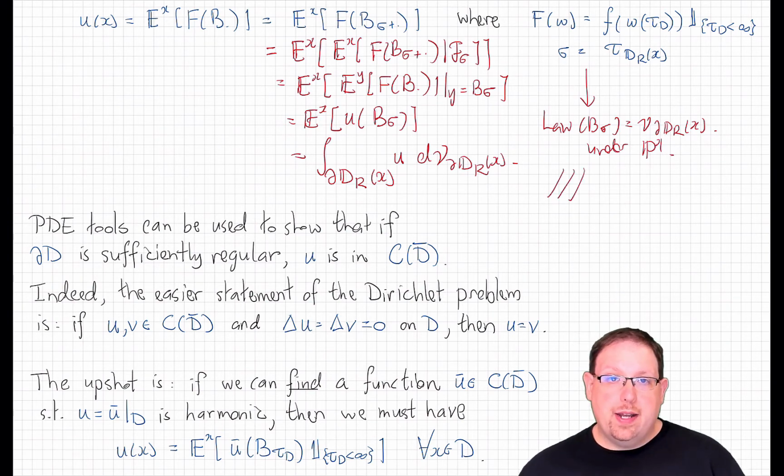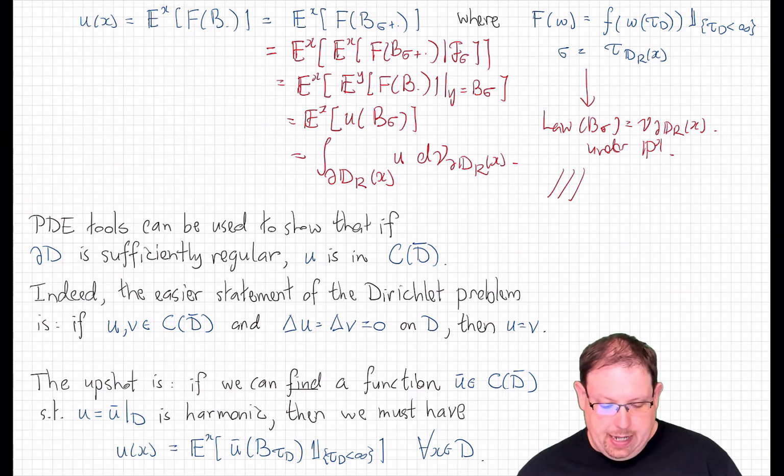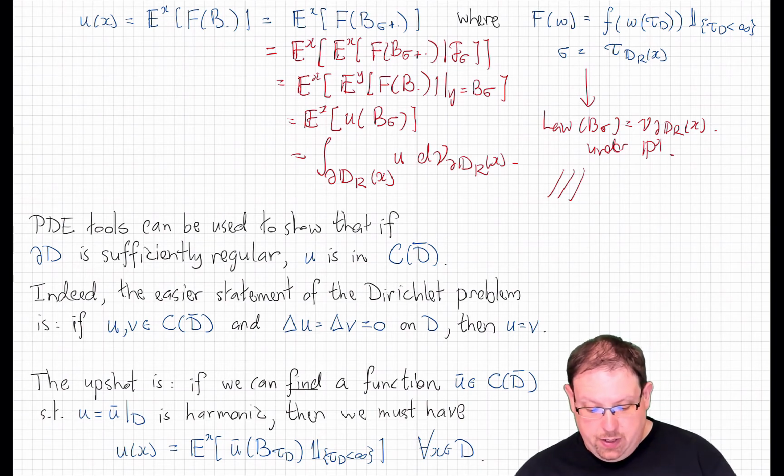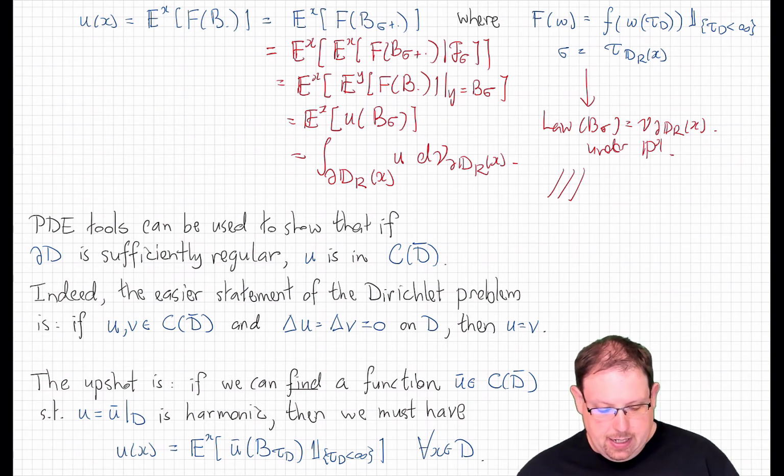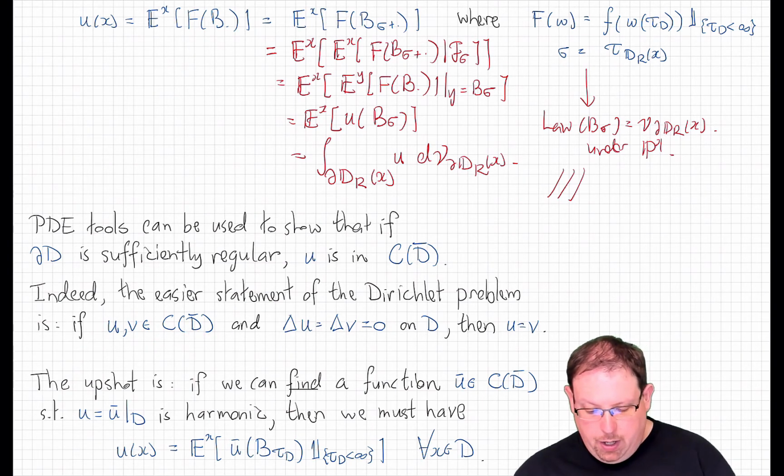Now, again, I've been quite loose about continuity considerations at the boundary. As I said, PDE tools can now be used to feed back into probability and show that any such function actually has a unique continuous extension to the boundary if the region D and its boundary are sufficiently regular. The only part of that statement that's going to be needed for us is the easier uniqueness statement, which is to say that if u and v are two functions that are continuous on the closure of D, and both harmonic in the interior, then they must actually be the same function.